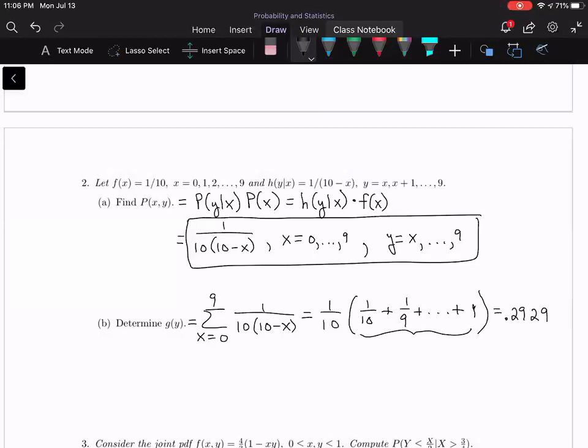Oh, I already divided by 10. And so that is the marginal distribution of y. And the support, let me just think about this for a moment.